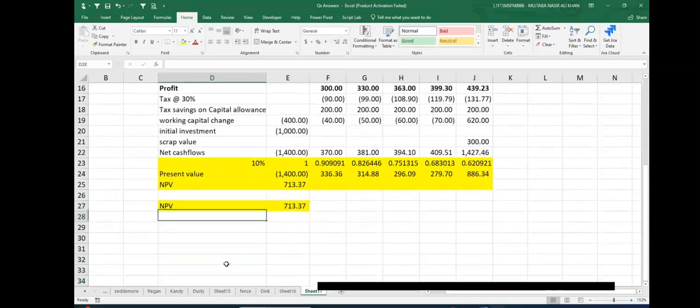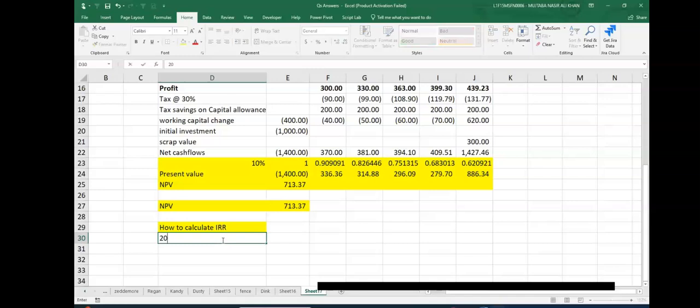Next is how to calculate IRR. One way is to discount the cash flows at two different discount rates and calculate the IRR. That is a very lengthy way. For example, you have already taken NPV at 10%.